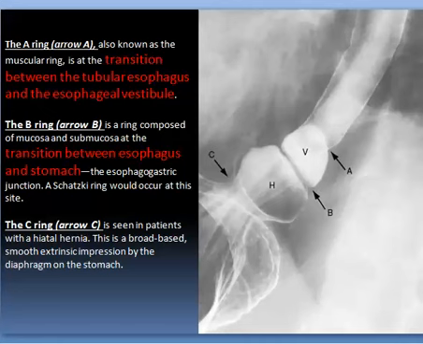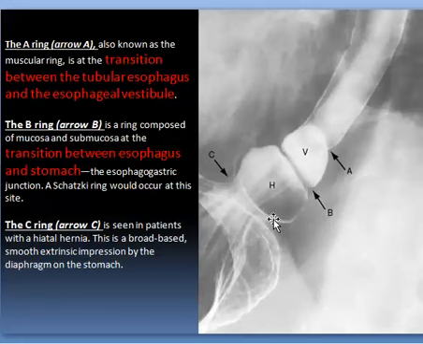Number 1, the A ring, represents the transition between the tubular esophagus and the start of the vestibule. The second represents the change of mucosa into gastric mucosa, the transition area, and this is called Schatzki's ring.